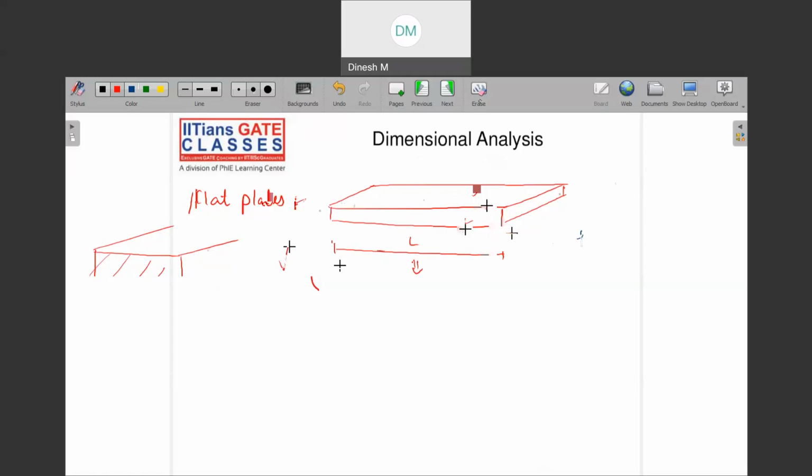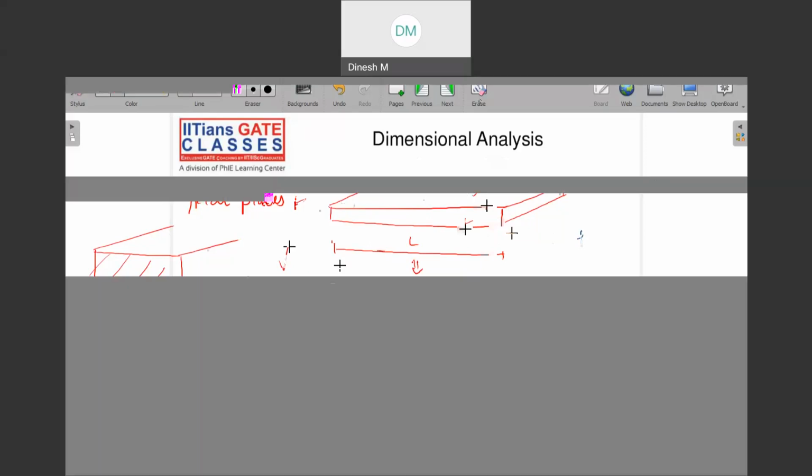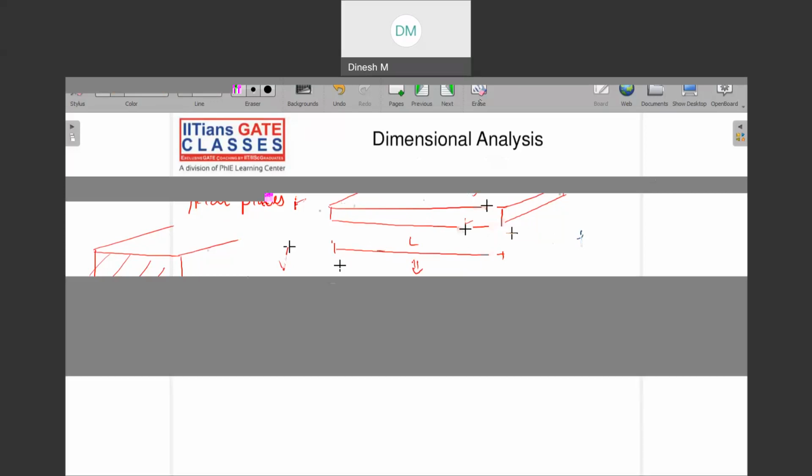So what this Reynolds number signifies is that it decides the nature of the flow, whether it will be laminar or turbulent. It will be decided by whom? Reynolds number. And what is the critical Reynolds number for pipe flow? You should know the flow nature also, because with the nature of flow, your value will change, depending on the Reynolds number or Prandtl number.